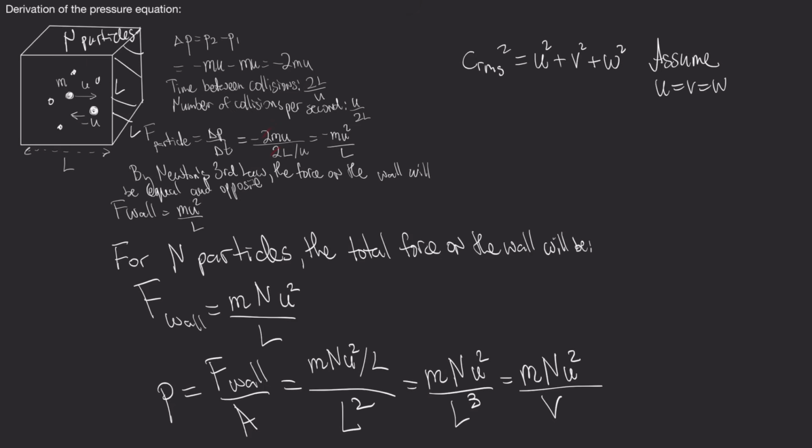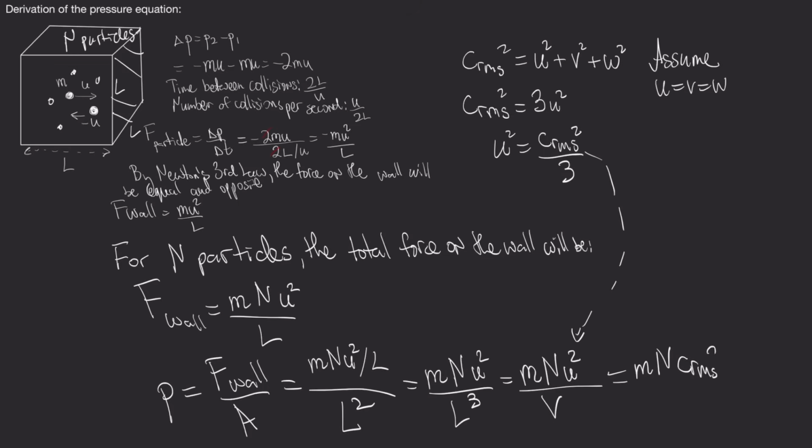The assumptions in this derivation are equally important as the derivation itself. So c_rms squared will just be given by 3u squared. In other words, u squared will just be c_rms squared divided by 3. Let's take this and plug this into here to get mn multiplied by c_rms squared over 3V.